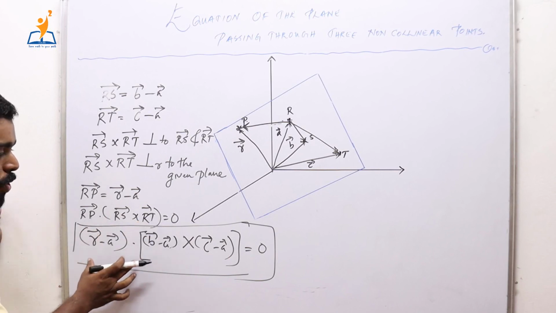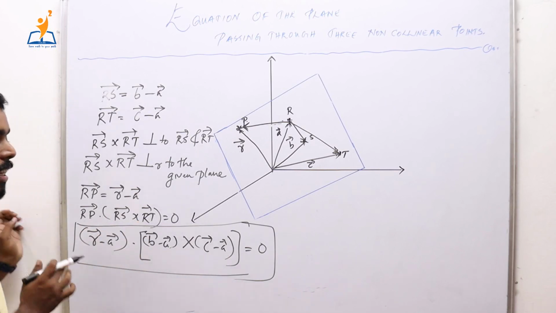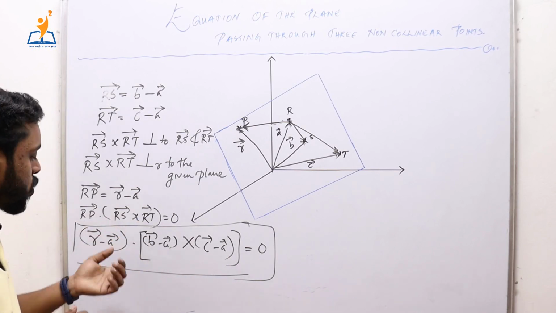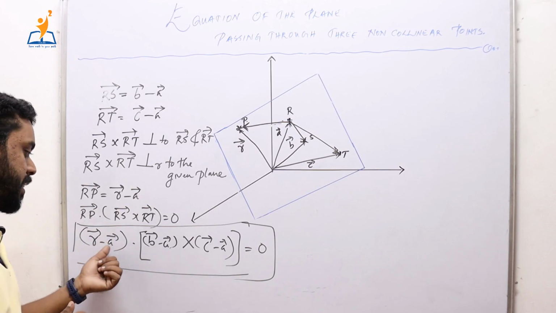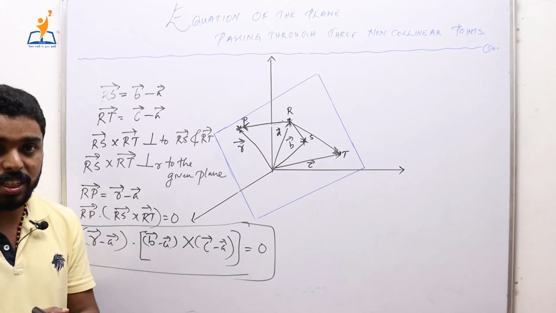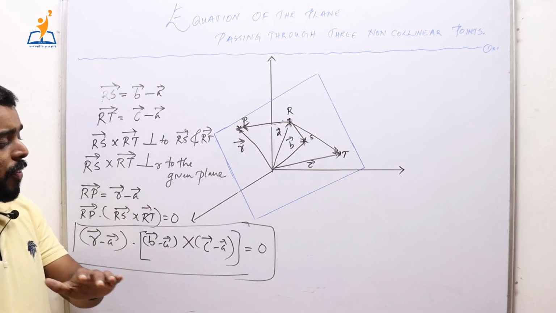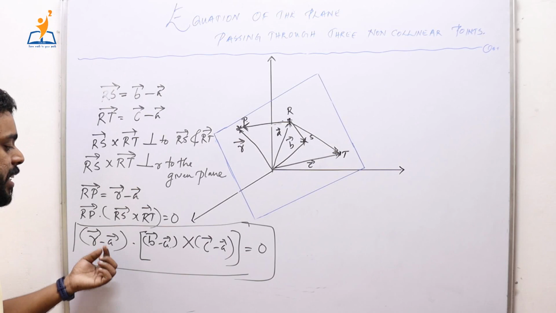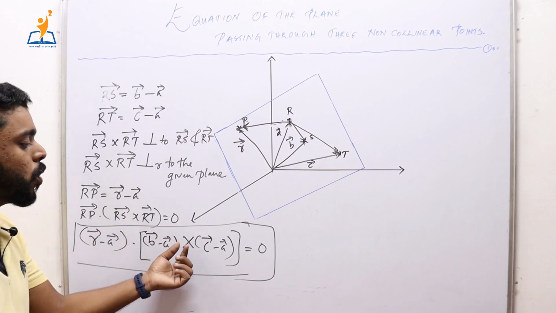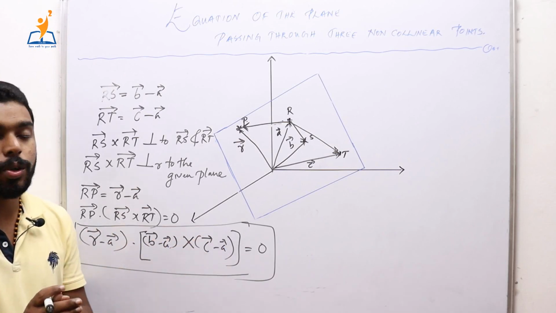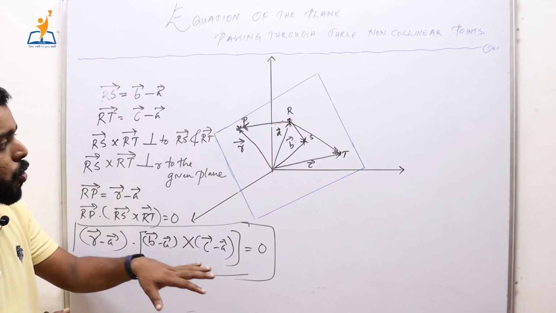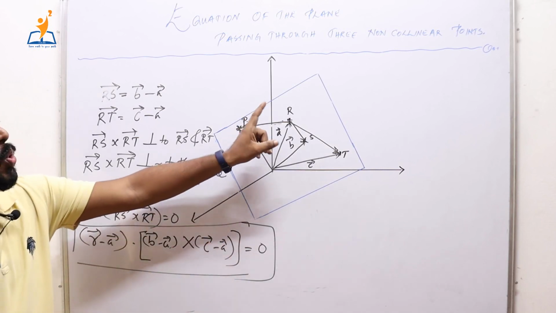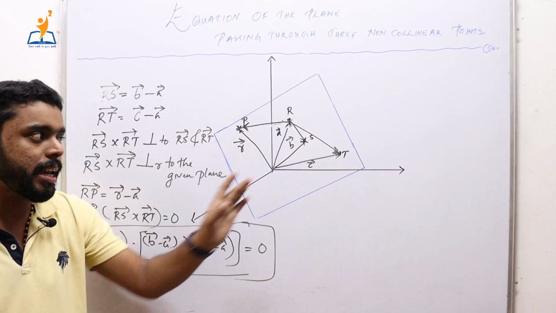So this is the vector equation of the plane which passes through 3 points whose position vectors are A, B and C respectively. Learn this equation by heart, a very important equation from this session. So r minus A dot B minus A cross C minus A is equal to 0 is the equation of the plane which passes through 3 points R, S and T.